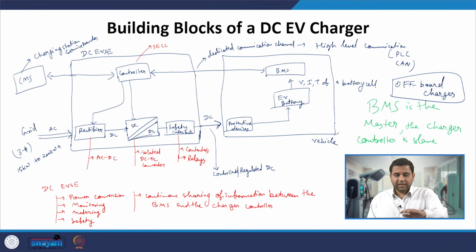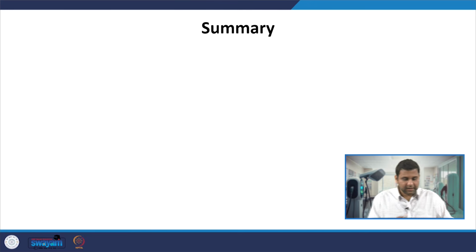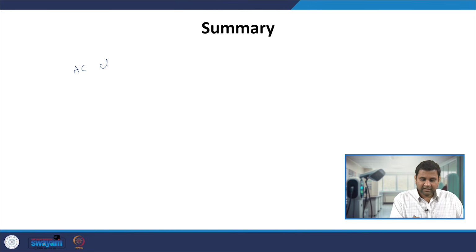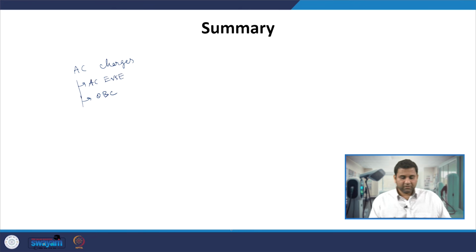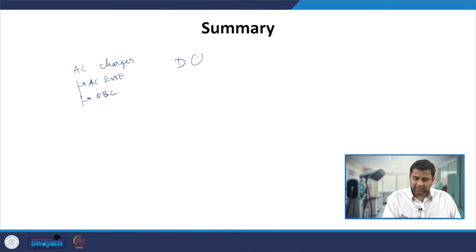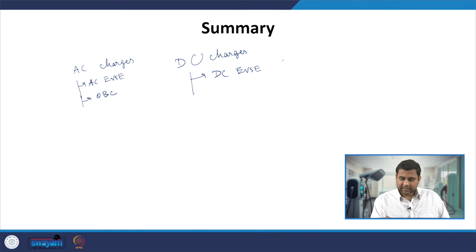So, in summary, we have studied an AC charger which has an AC EVSE and requires an onboard charger for the power conversion, and then we have seen the DC charger which has a DC EVSE where the entire power conversion is taking place outside the vehicle.